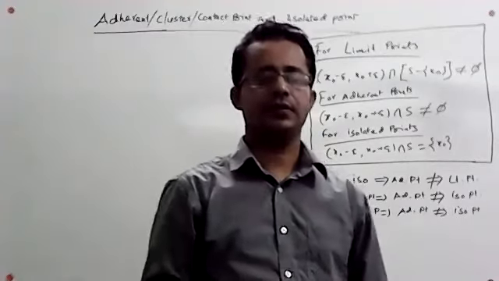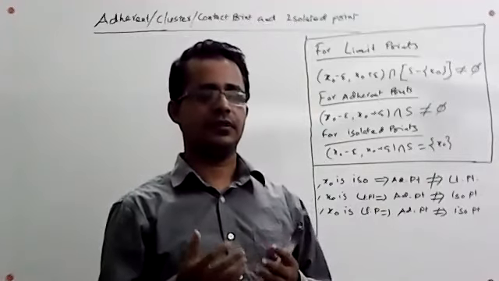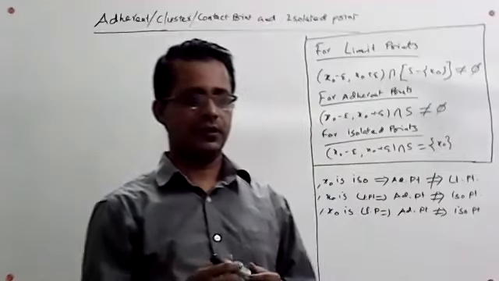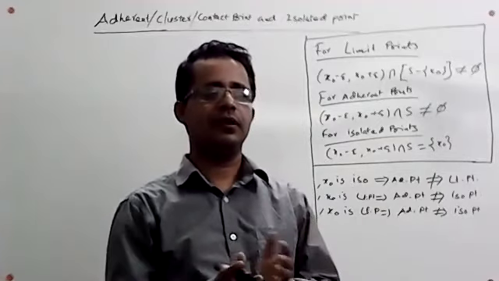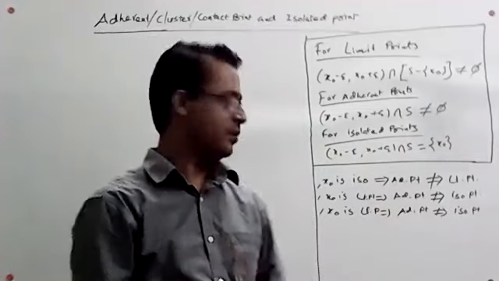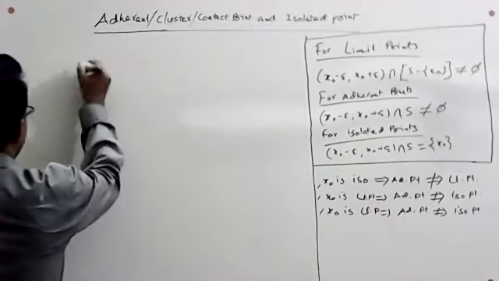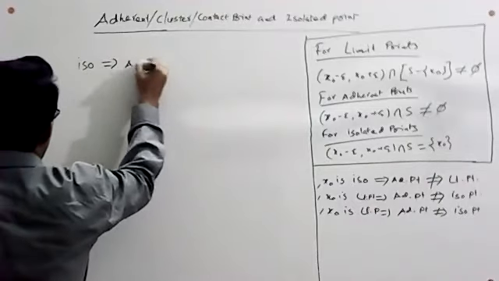Dear students, now you are advised to keep your deep concentration on this section. After discussing this section, we will be able to distinguish among adherent point, isolated point, and limiting points. From here we can say that an isolated point is also an adherent point.